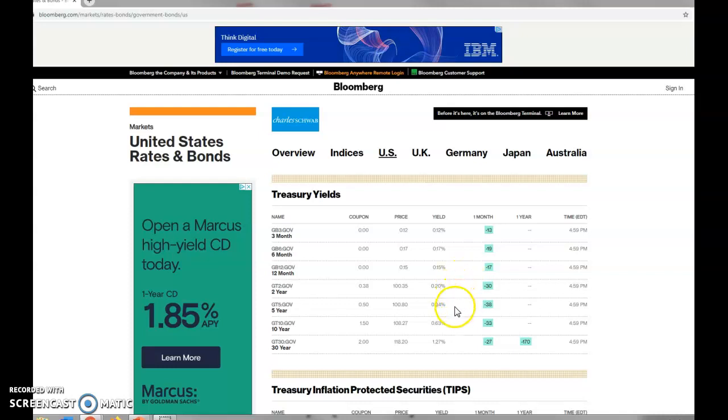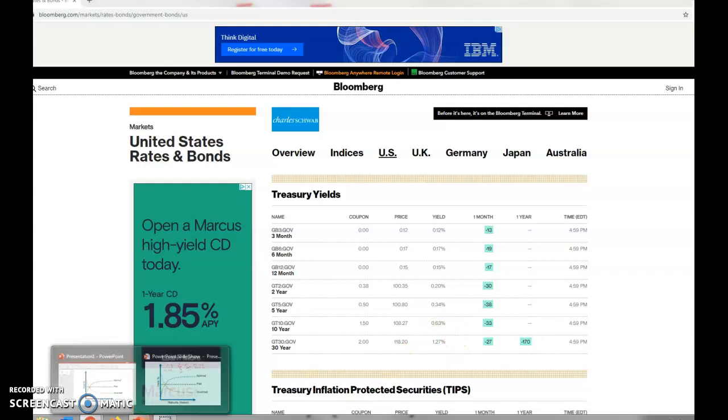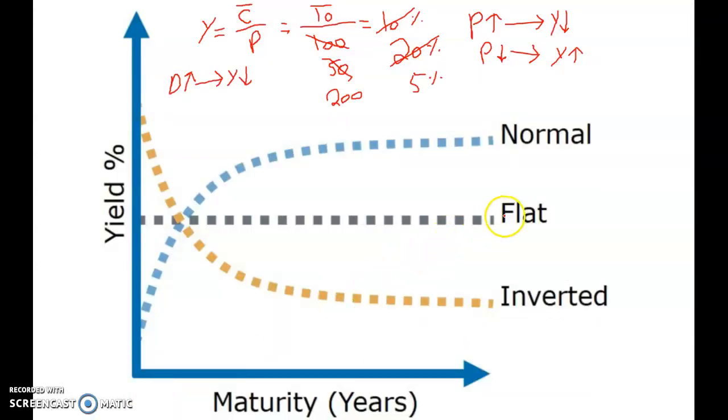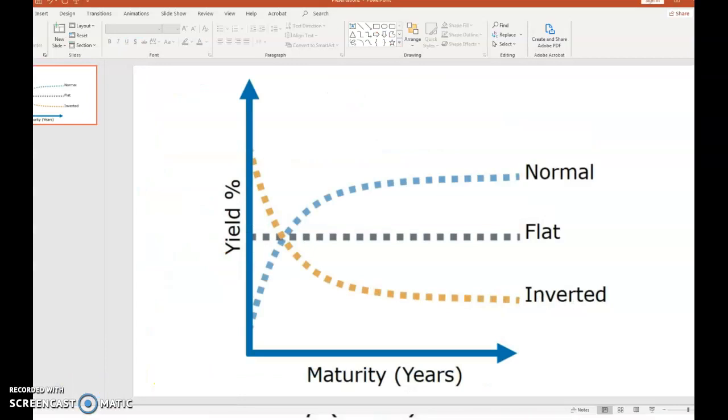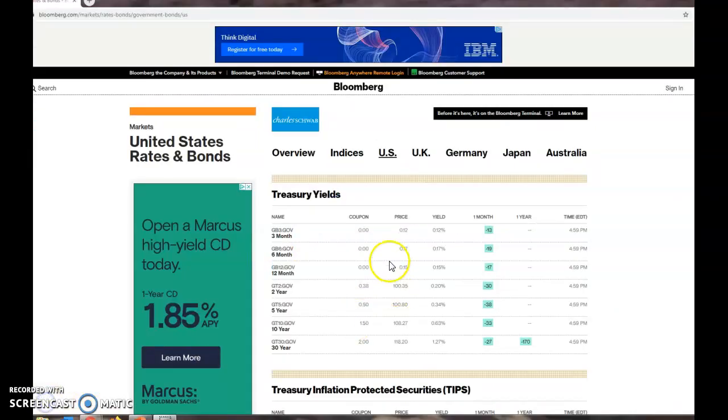It gets a little better when we get to the 5-year and the 10-year, but notice the theme here. We are going from a short maturity to a longer maturity, and we're getting higher annual yields, which is consistent with a positive, that is the normal, yield curve. However, it is important to note that even though this is positive, it is not a steep curve by any means.